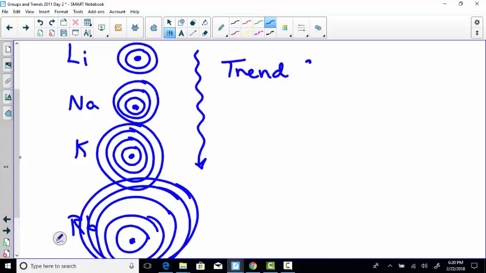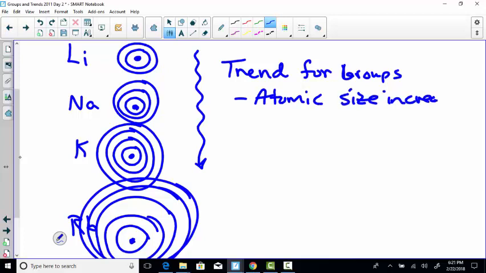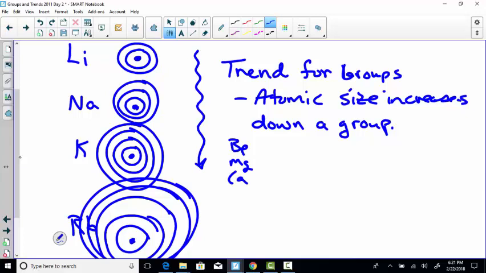So the trend for groups is that atomic size increases down a group. And this would be for all groups in the periodic table. That should be the trend. So it shouldn't matter if I look at group 2, which would be beryllium, magnesium, calcium, and strontium. The atomic size should still increase down that group.